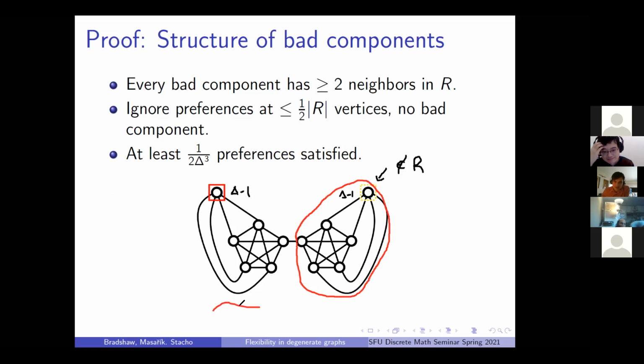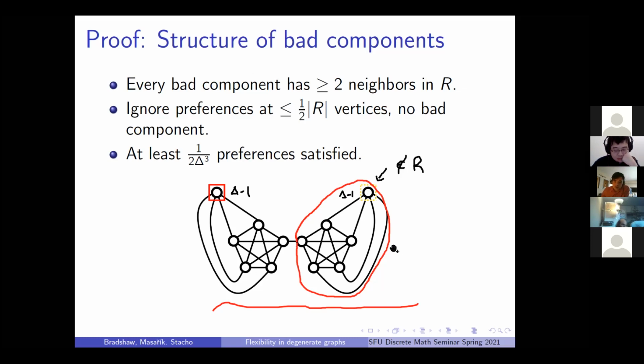What that would mean is that this whole bad component would no longer be a bad component, because it would not have all blocks being cliques and odd cycles. And therefore, this whole component in the new G minus R would be degree choosable. Essentially, we only had to destroy 1 out of these 2 neighbors in R in order to rectify the bad component into a good component.